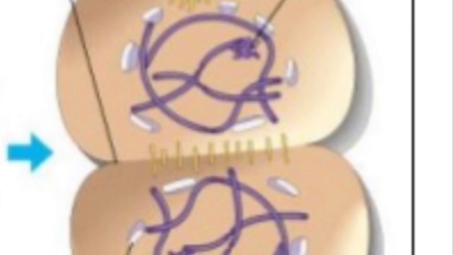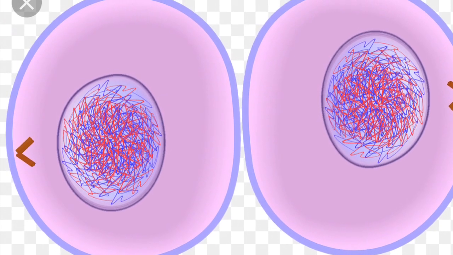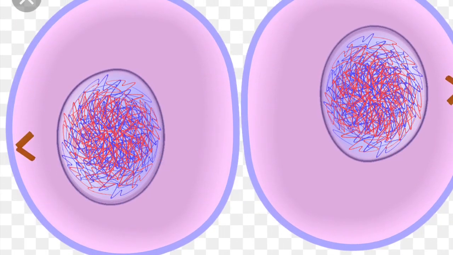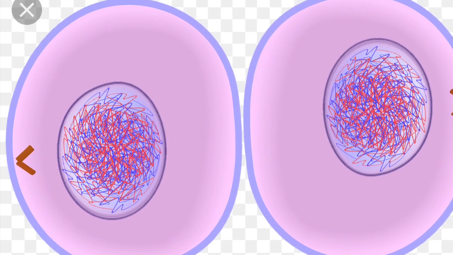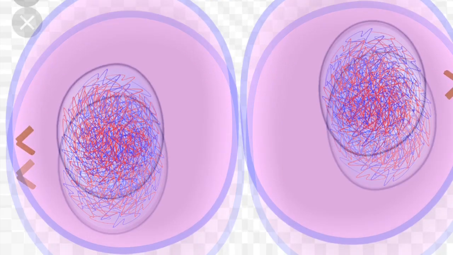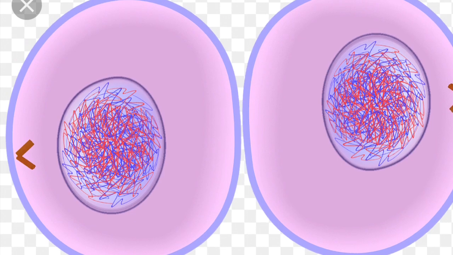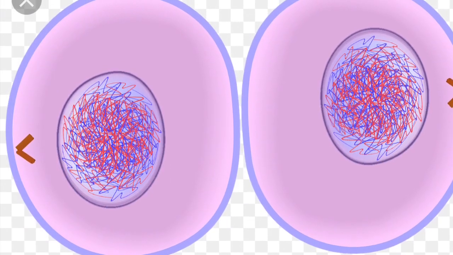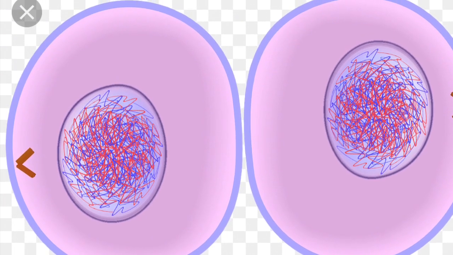At the end of telophase 1, when that cell completely splits, it is called cytokinesis. Cytokinesis means to split or tear the cytoplasm. So during cytokinesis, the complete cytoplasm has been split, and we have two different cells at the end of meiosis 1. As a result of meiosis 1, we're able to move into meiosis 2.